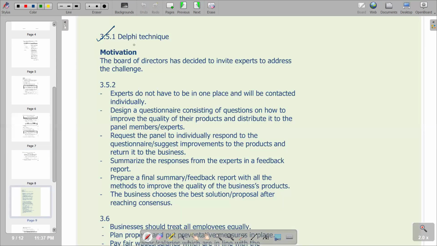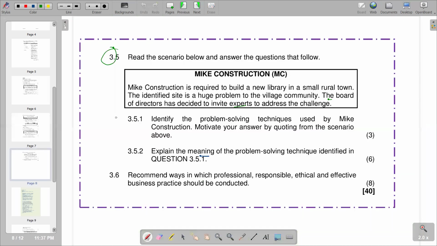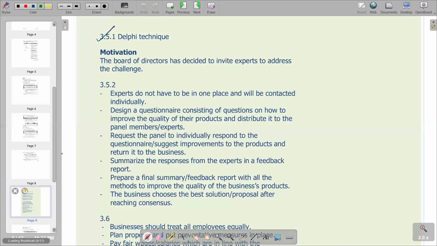Going back to the second part, it says motivate your answer by quoting from the scenario. Obviously, we are going to quote the part where they invite experts. So on our answer section, the motivation is: the board of directors have decided to invite experts to address the challenge.